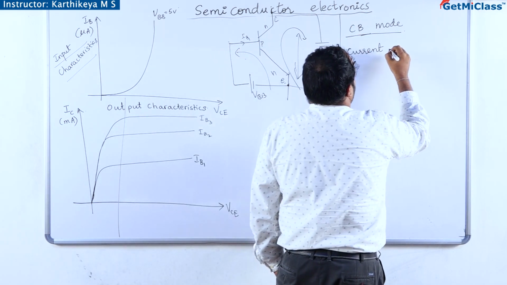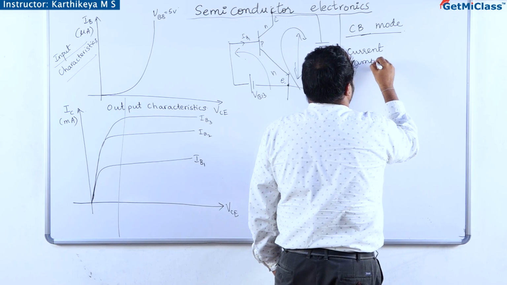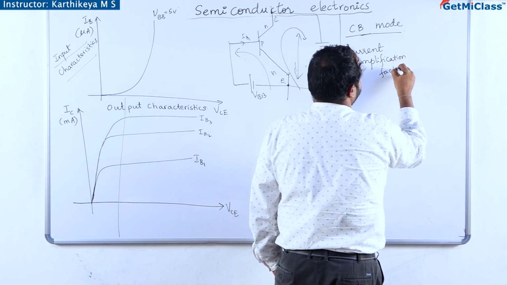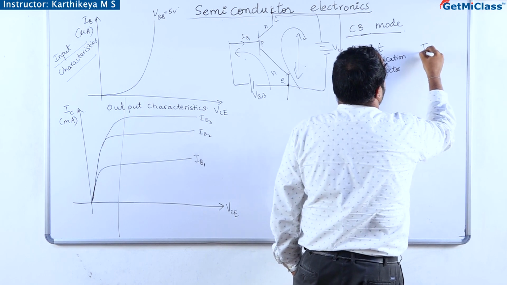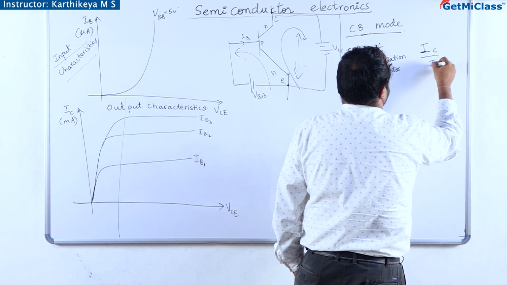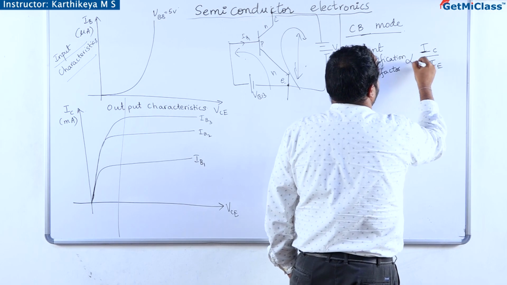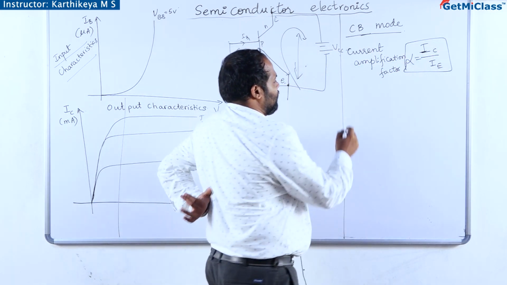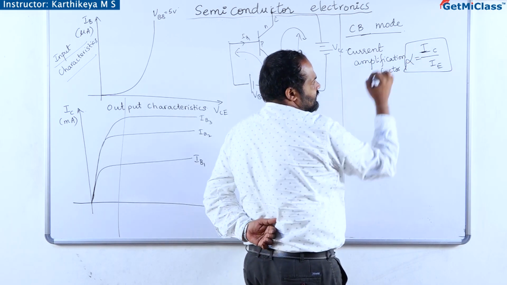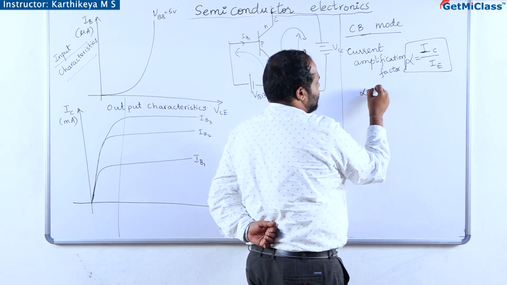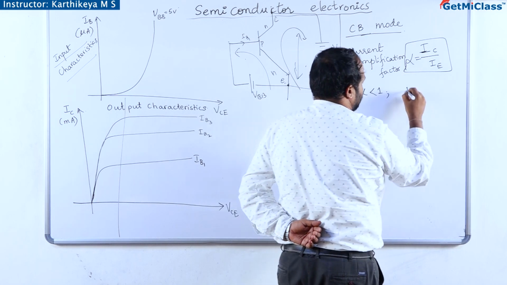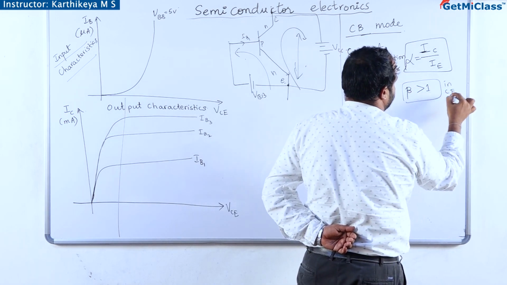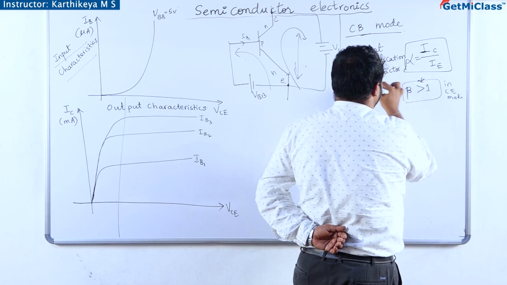So, the current amplification factor alpha is given by IC by IE, because the base is common. So, always the collector current is less than the emitter current, hence alpha is less than 1, and beta will always be greater than 1 in CE mode. This is a comparison you have to remember.